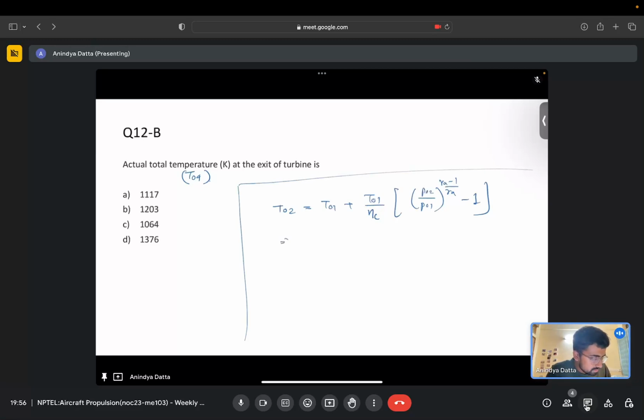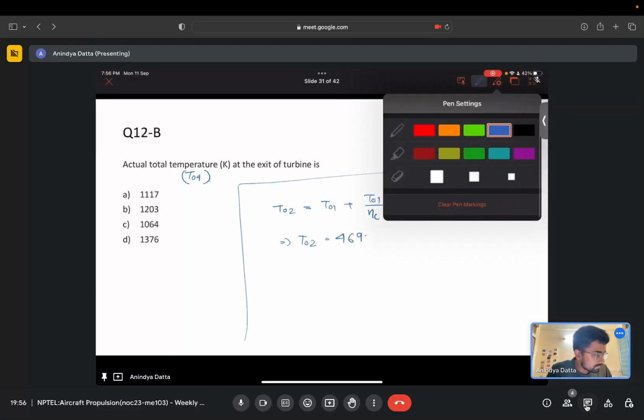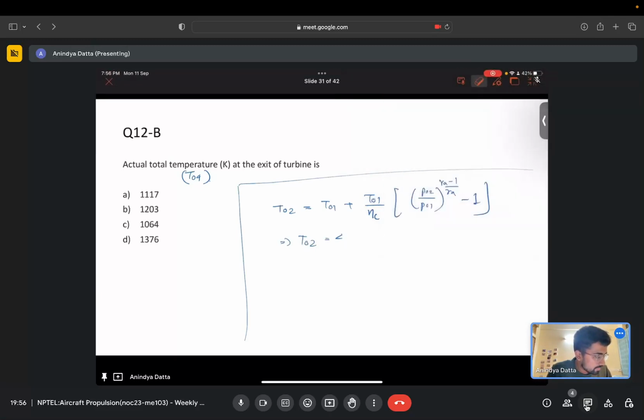This will come out as 496.09 Kelvin. We get T02.